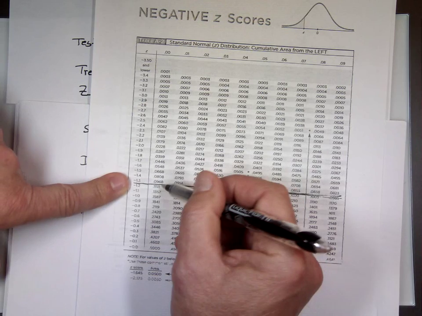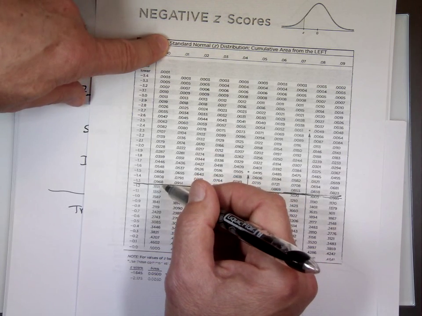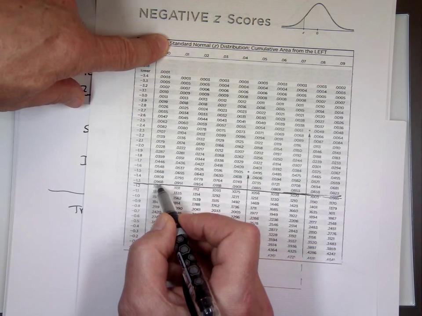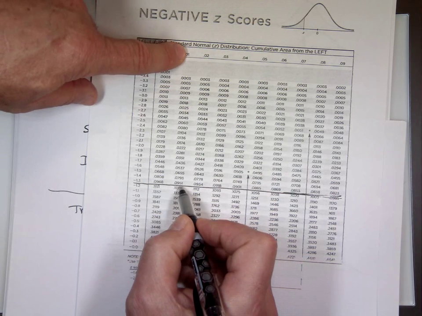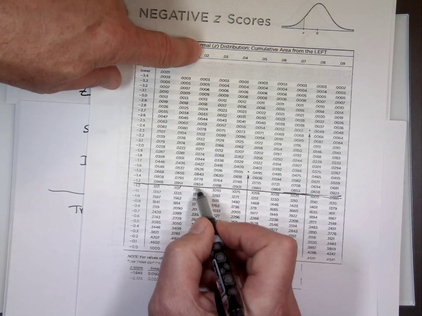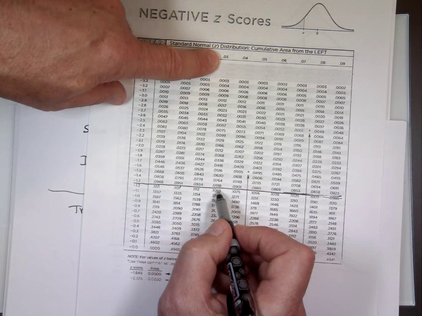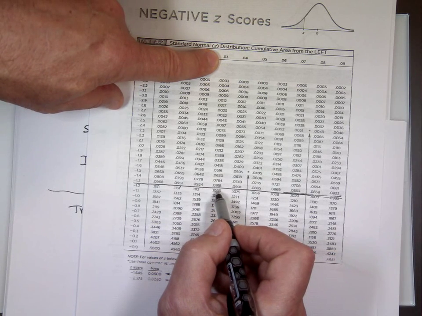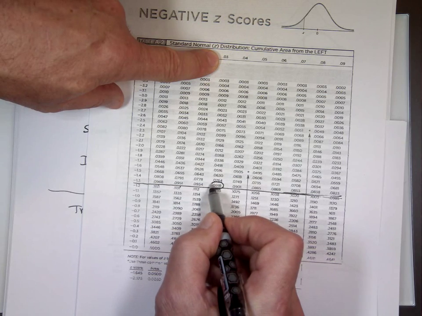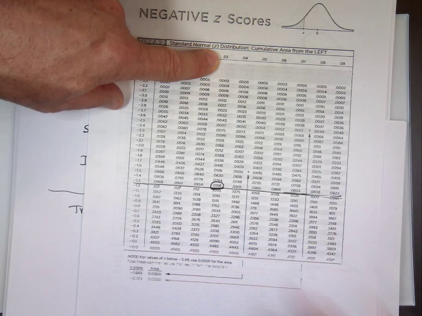The first value, notice on the top, the second digit is 0, so this is negative 1.30. This is negative 1.31. This is negative 1.32. This is negative 1.33. So the area to the left of that is 0.0918.